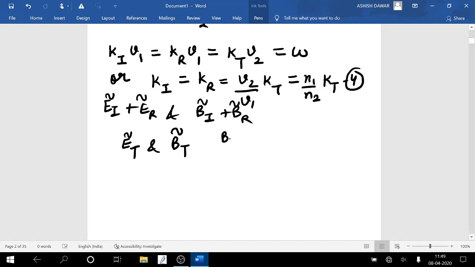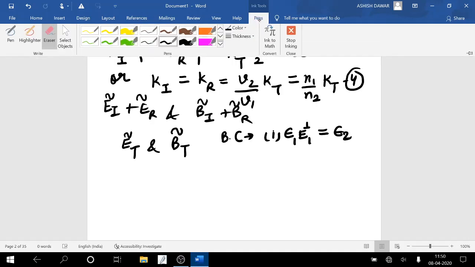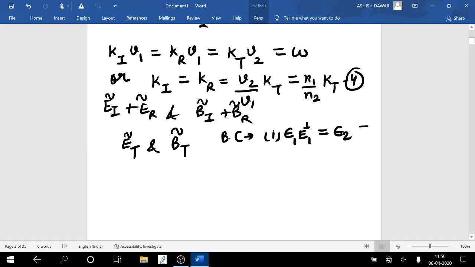Now again we use the boundary conditions used previously. The first one is epsilon 1 E perpendicular 1 equals epsilon 2 E perpendicular 2. The second one is B1 perpendicular equals B2 perpendicular.